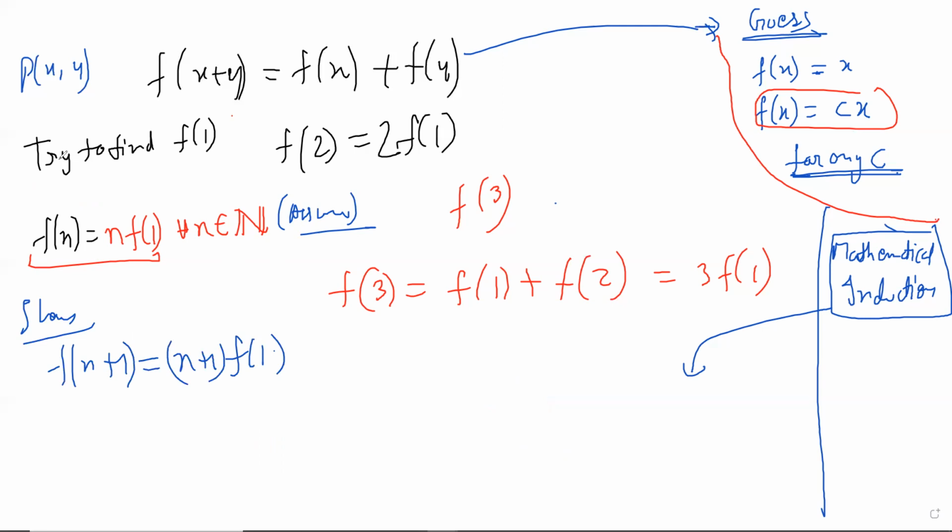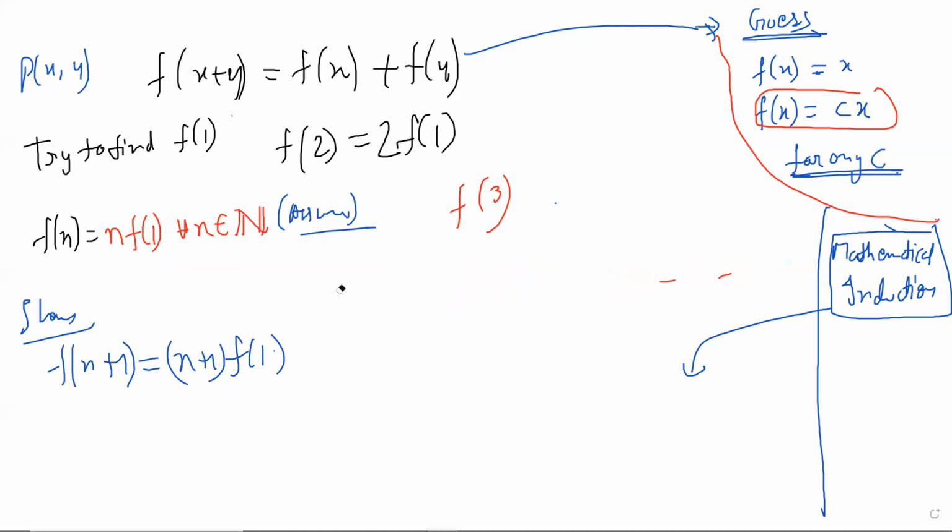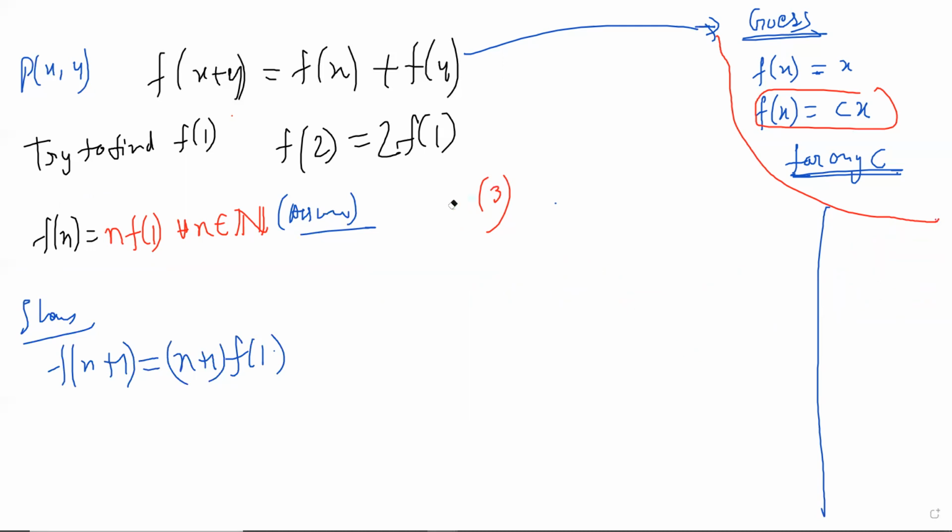So we can take the base case of f of 2 equal to 2 times f of 1. So the base case is x equal to 1 and y equal to 1. And this is us assuming the hypothesis.